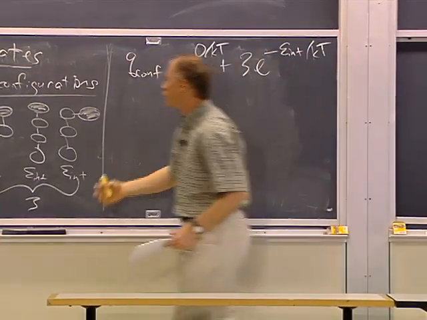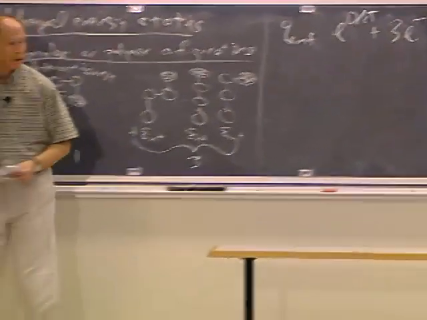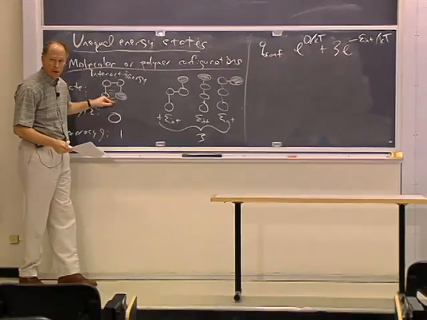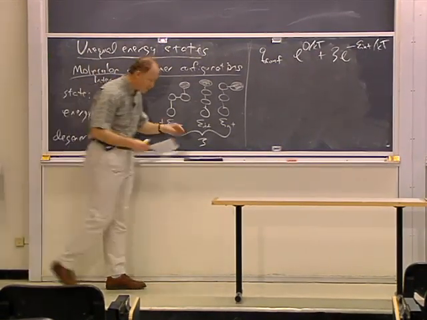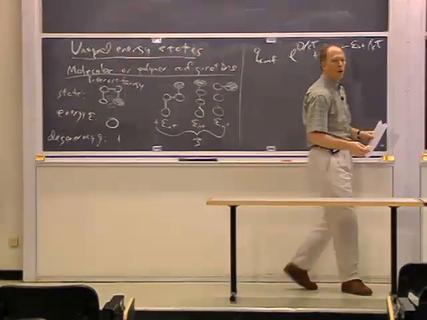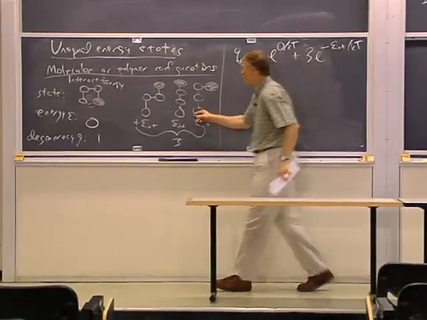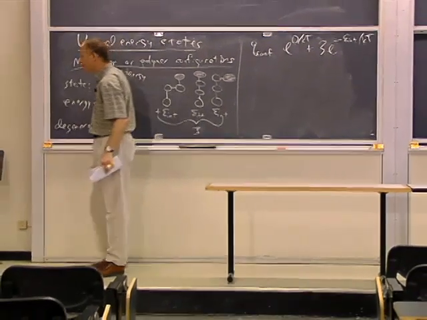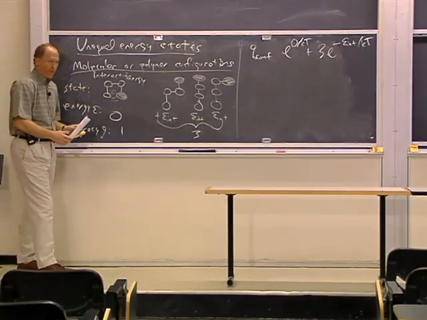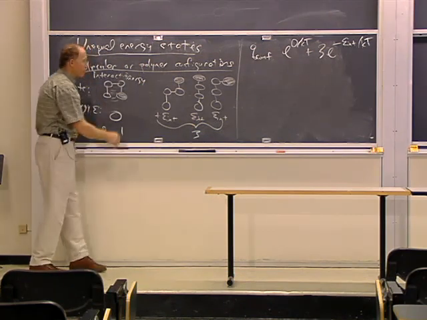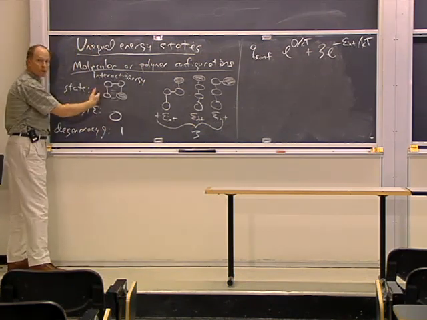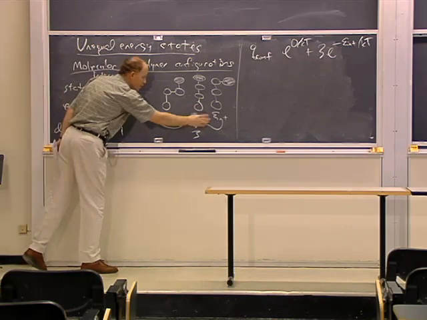In other words, the probability of any one of these states is a little bit lower than this state because this state has lower energy. Remember what I mentioned earlier, which is although the probability of any one of these states is lower than the probability of this state, the probability of this energy is likely to be higher than the probability of this energy because there's only one of these states, and the degeneracy here is 3.